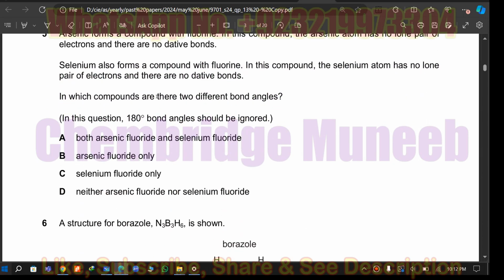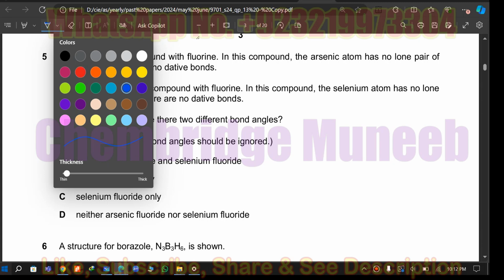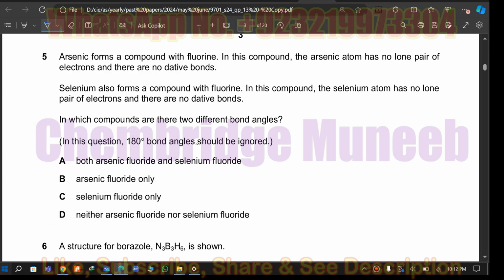So we have to determine which compound contains different bond angles, although 180 degrees is to be ignored. So in this case we need to find which different angles are present in these compounds.